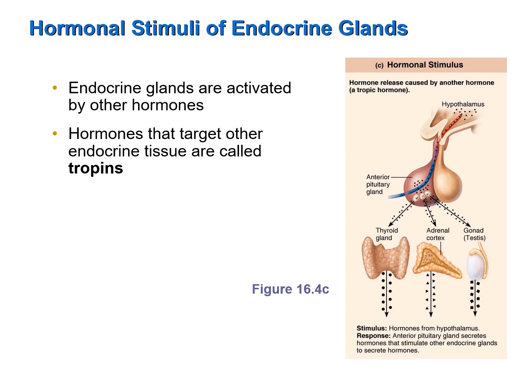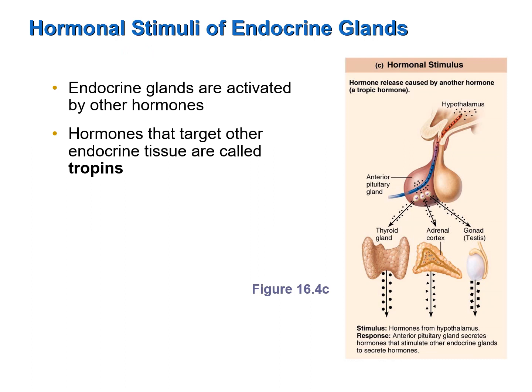Okay, the specific hormones do not matter. What I'm trying to get you to see here is that hormones released by the anterior pituitary gland are targeting other endocrine organs, causing them to release hormones. So the stimulus for this hormone secretion is another hormone. And so this is an example of hormonal stimulus.